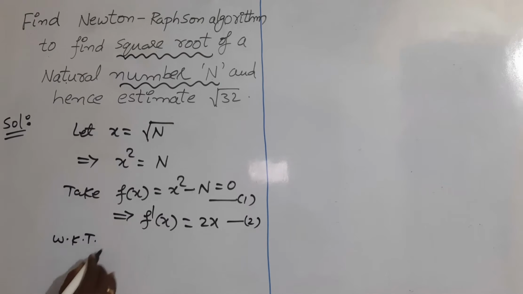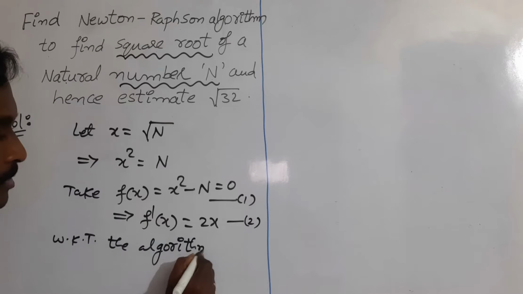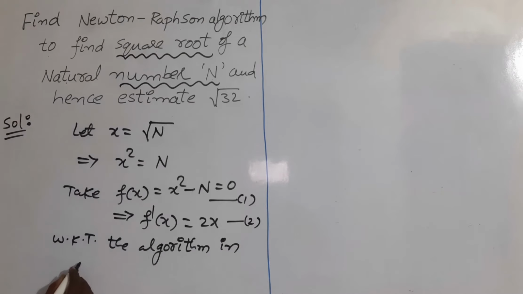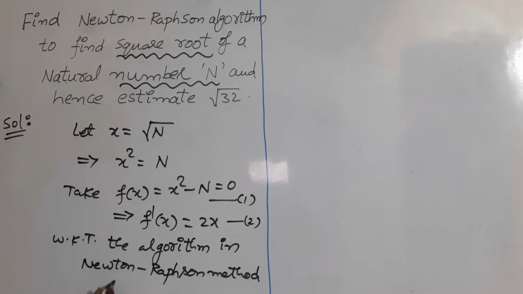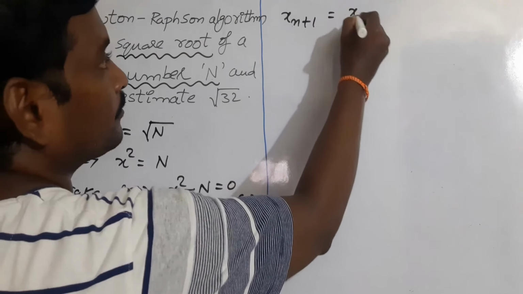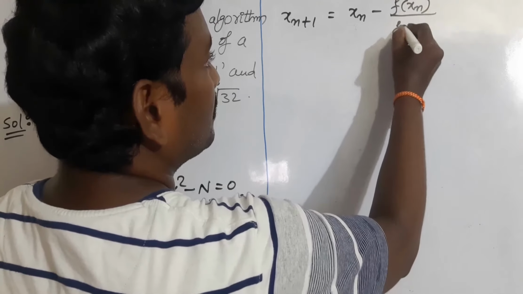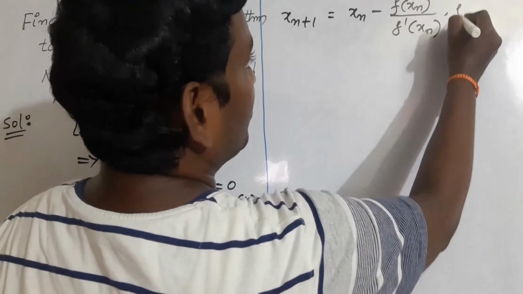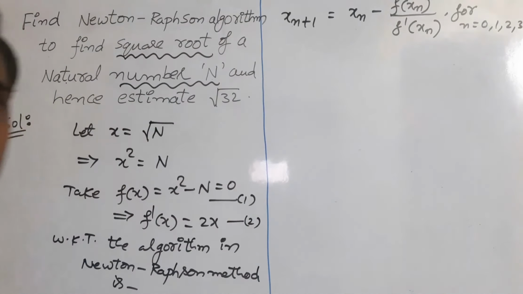We know that the algorithm in the Newton-Raphson method is x n plus 1 is equal to x n minus f of x n over f dash of x n, for n is equal to 0, 1, 2, 3 and so on.